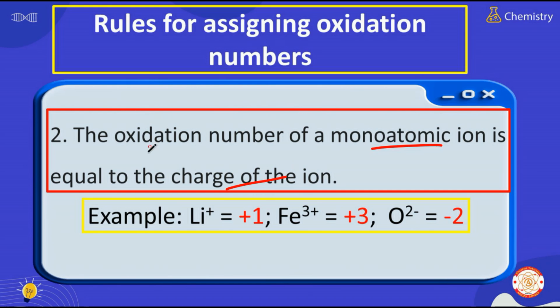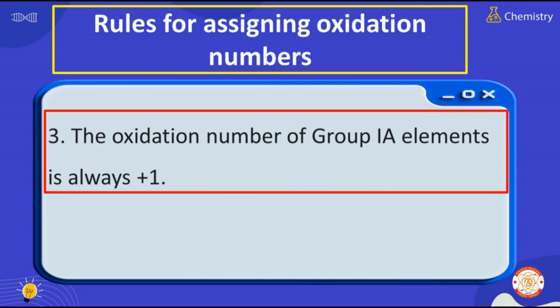For example, let's take lithium. Lithium has a charge of +1. Hence, its oxidation number will be +1. Fe3+ has an oxidation number of +3. O2- has an oxidation number of -2, and so on.